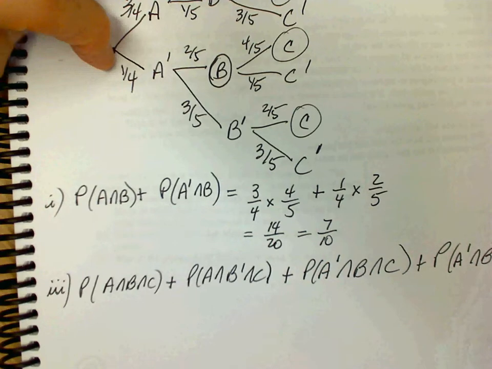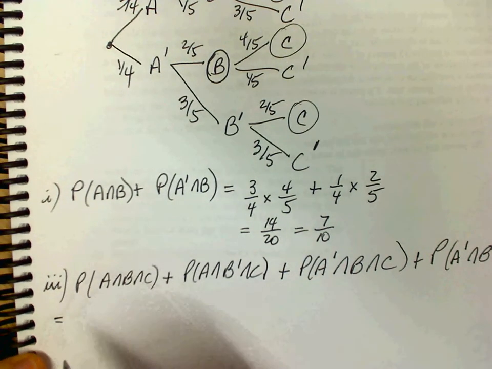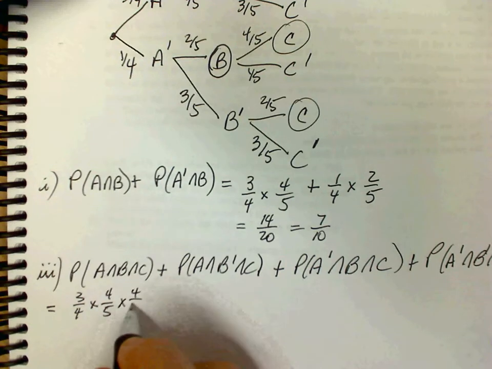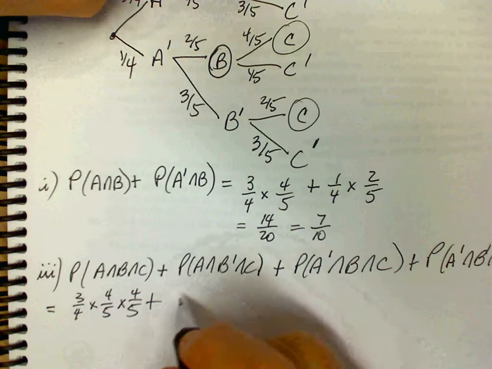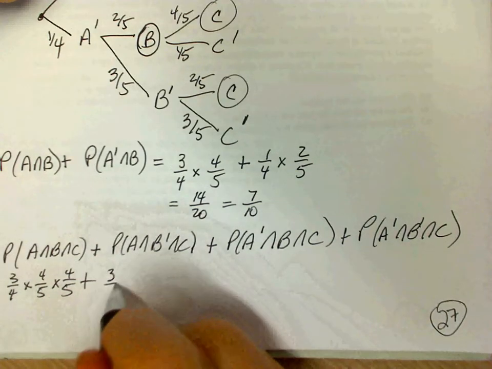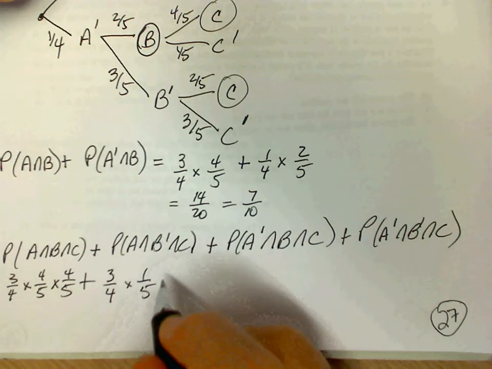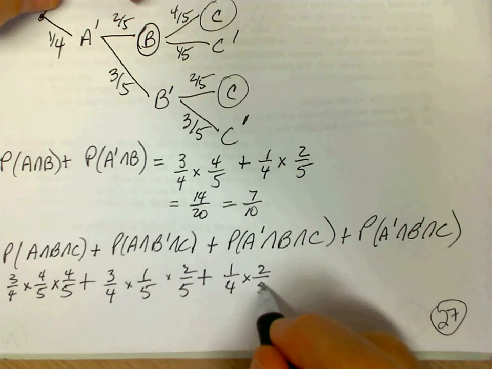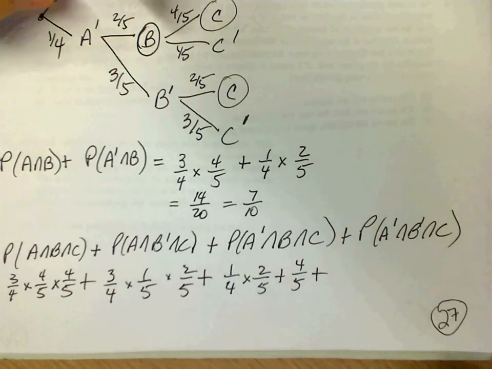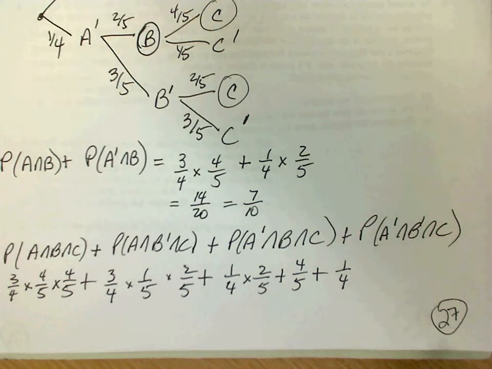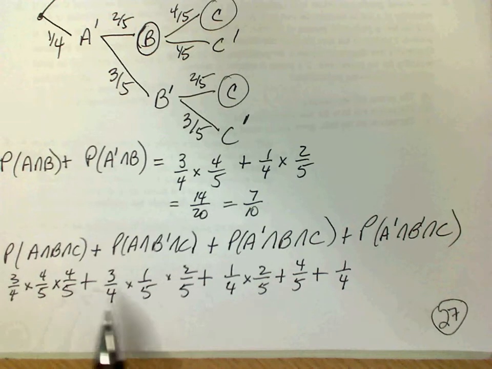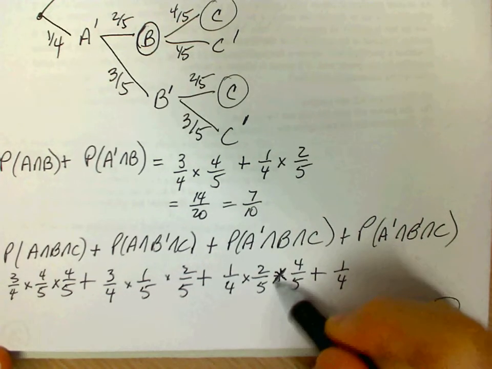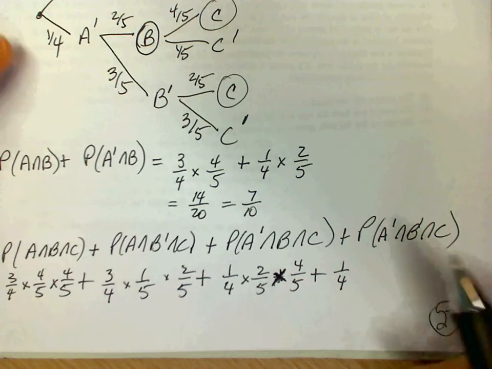So let's do it. This is going to be 3 over 4 times 4 over 5 times 4 over 5 plus 3 over 4 times 1 over 5 times 2 over 5 plus 1 over 4 times 2 over 5 times 4 over 5 plus 1 over 4 times 3 over 5 times 2 over 5.